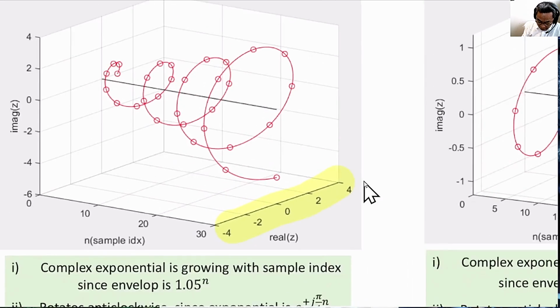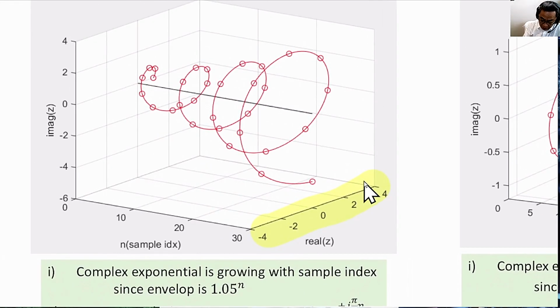On this axis is the real axis. On this axis is the imaginary axis. This is the time. So we have the real axis, the imaginary axis, as well as time going from 0 to 30 in this case.